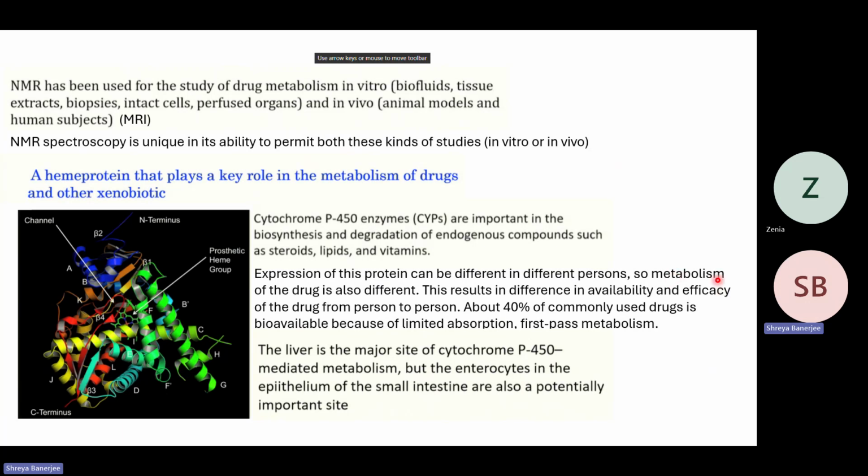So metabolism in people varies due to that. If someone is metabolizing the drug very fast, it is active in their body only for a short time, or if someone is metabolizing it very slowly, it is active in their body for a longer time. That is what causes the difference in dosage or efficacy of a drug from person to person.